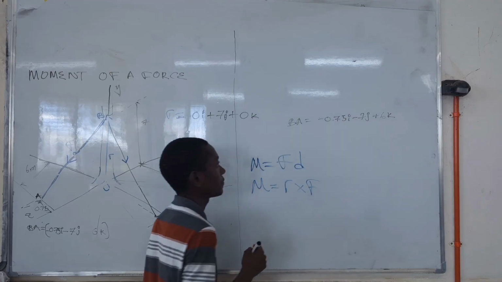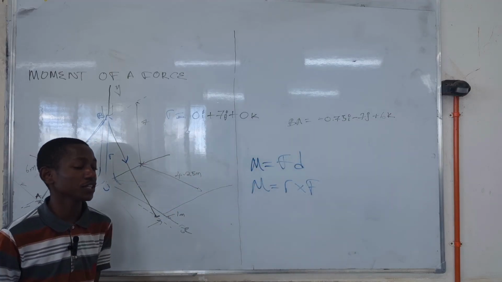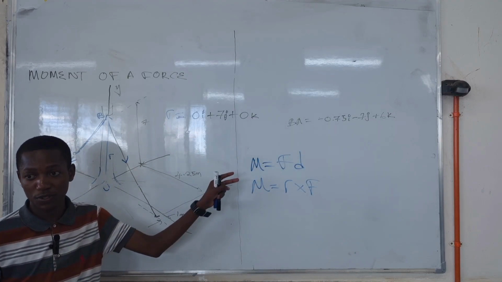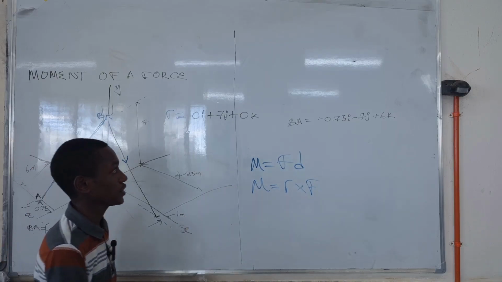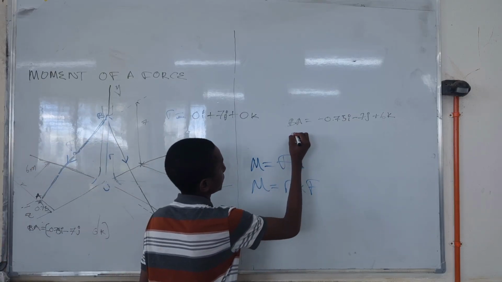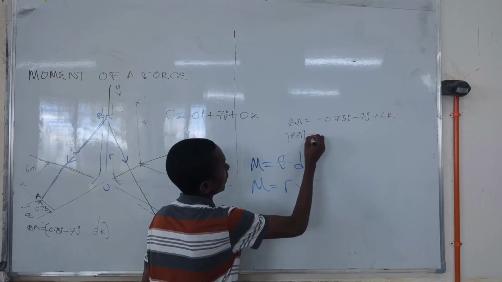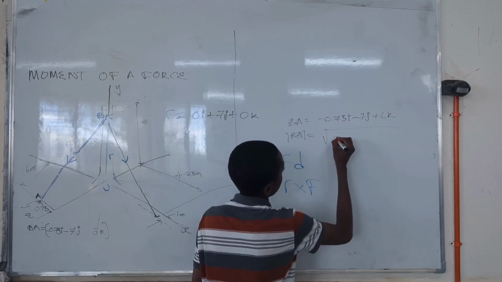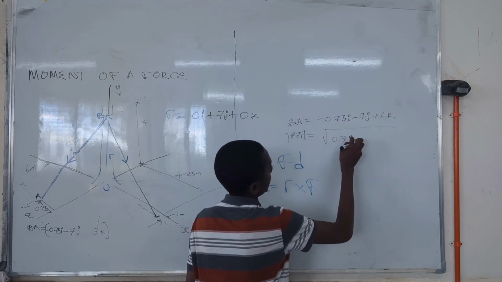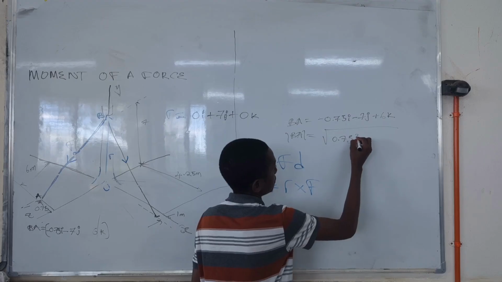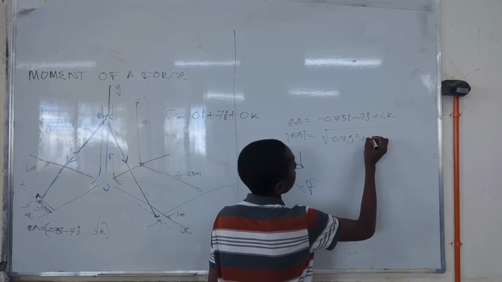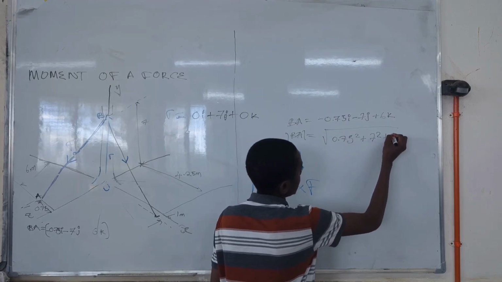That's what we have. The next thing that we need to do is find the magnitude for this, which is going to be AB. So it's going to be 0.75 squared plus 7 squared plus 6 squared.